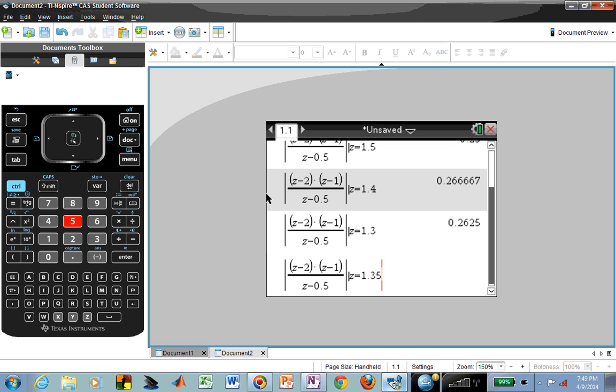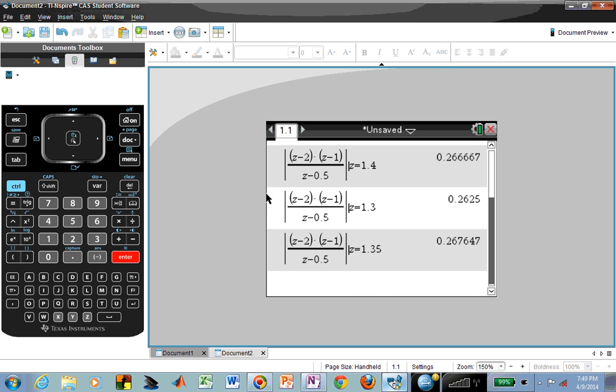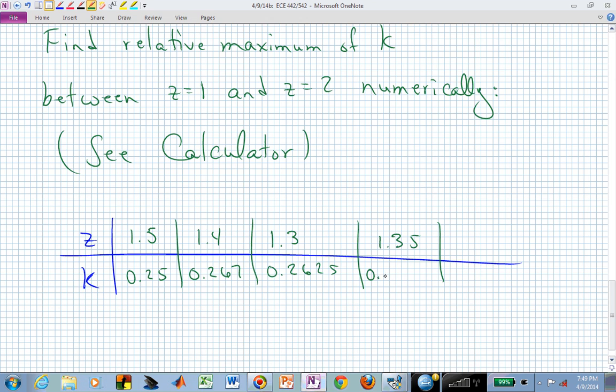So I'll add another significant digit to z equal 1.3 to become z equal 1.35. And now we have 0.2676, which is bigger than what it was at 1.4 and bigger than at 1.3. So we are converging, and if you're sketching this, your sketch is not going to be any more accurate than the hundredth decimal place, so that's probably accurate enough.